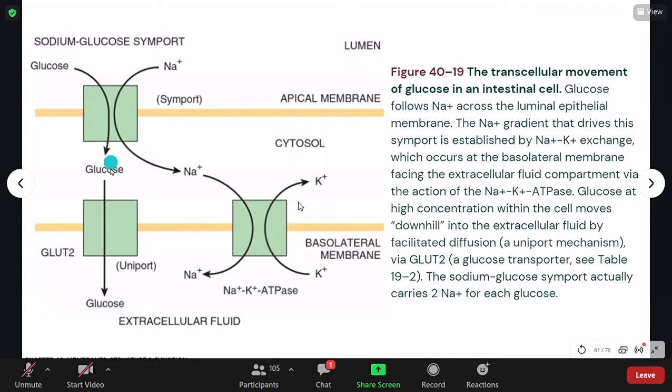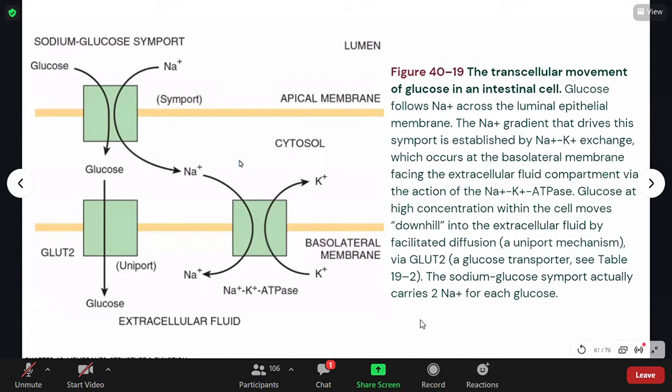Now, if it is only one, that's a uniport. And you know what this is? This is an antiport. Sodium gets in, potassium goes out. So no sodium can get in unless potassium can go out, or no potassium can go out unless sodium can come in.